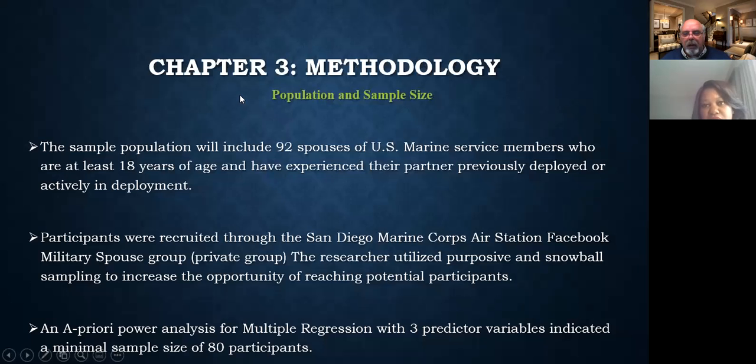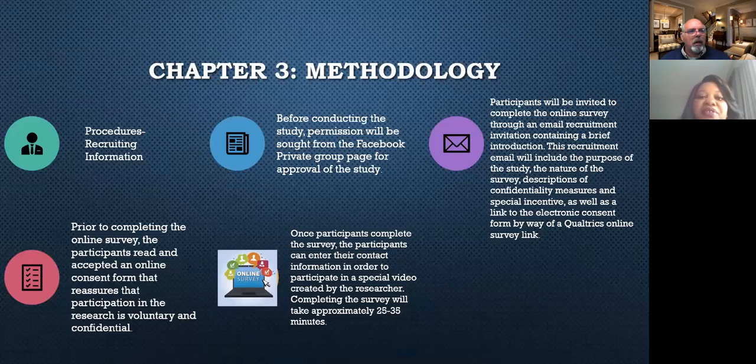So this talks about how I did everything. I'm not sure if I even have to go into this. I kept the slides that I did for the first defense, but it just talks about me posting on Facebook. Then they had an email recruitment invitation. Prior to completing the survey, they had to read and accept the consent form, and it was totally voluntary and confidential.